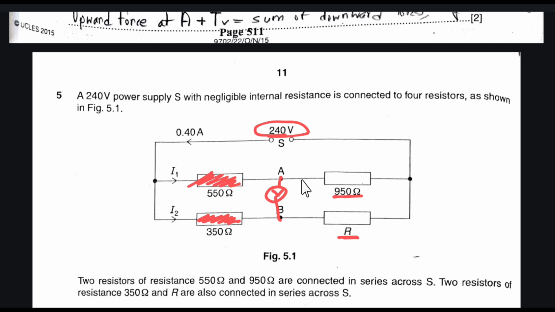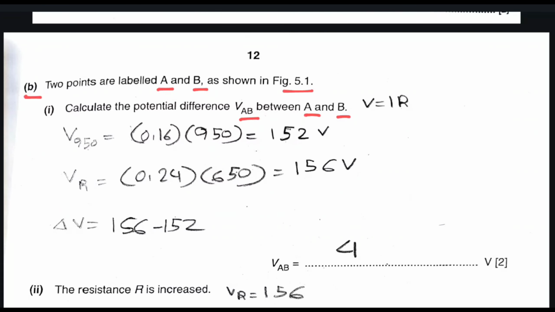So the potential difference between A and B would be the highest potential minus the lowest potential between this resistor and this resistor. The potential at the 950 ohm resistor: we know V is equal to IR, and we know the current at the 950 ohm resistor and its resistance, that is 950 ohm. So the potential comes to be 152 volt.